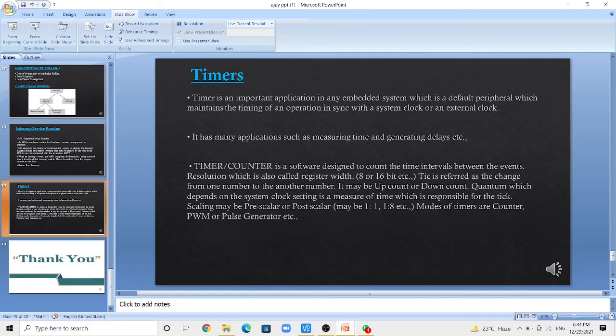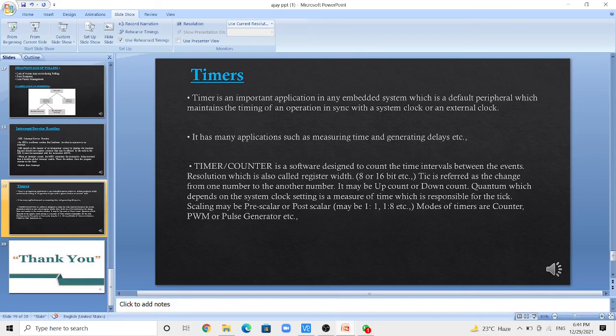Counting is a change from one number to another number. It may be up count or down count. In counters we have two types, up and down counters. Quantum, which depends on the system clock setting, is a measure of time which is responsible for the ticks.